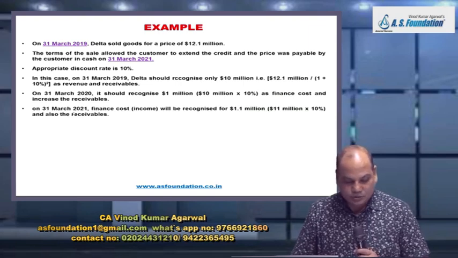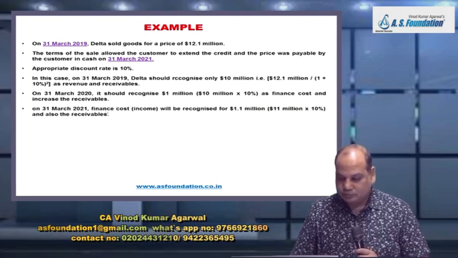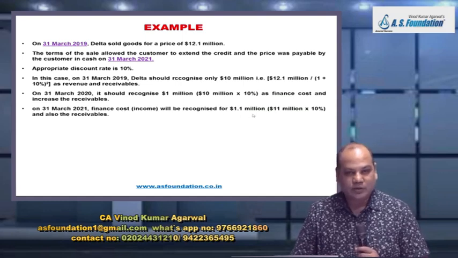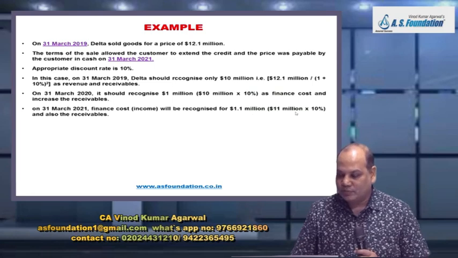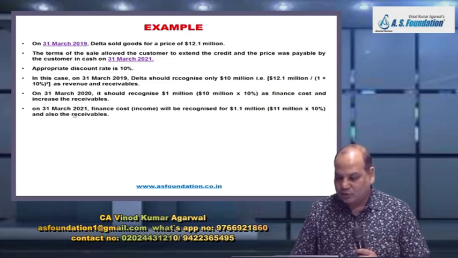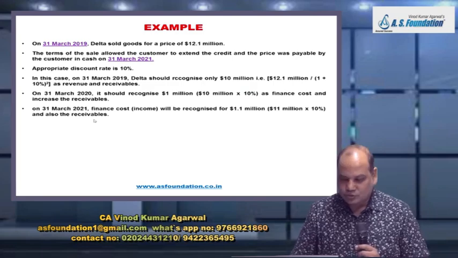On 31st March 2021, finance cost will be recognized for $1.1 million on a cumulative basis. And after 2 years, your value of receivable in the books will become 12.1. Collect the amount, account will be closed.